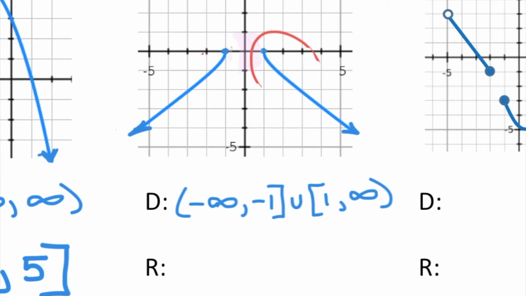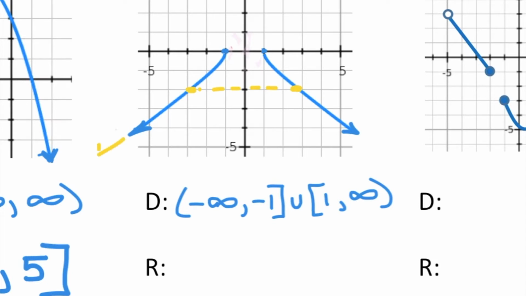So remember that domain and range: the range is looking at all y values. The domain looks at all x values. And so when I'm looking at the range, because I have, for example, a y value here and here, I'm only going to list y equals negative 2 in the range once.